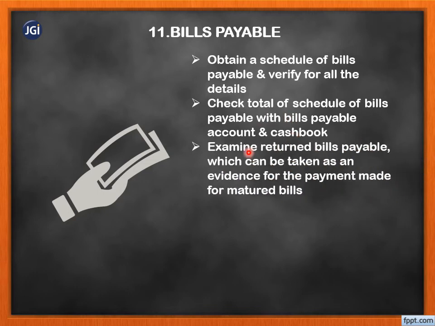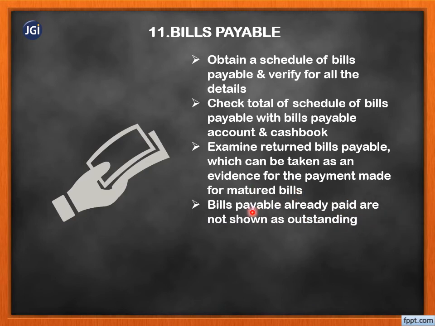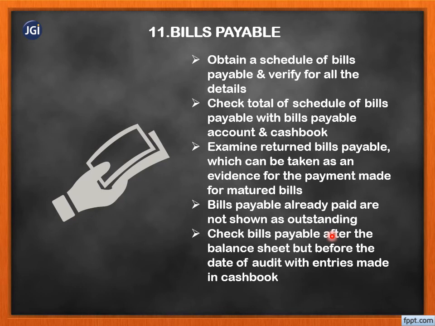He should examine the returned bills payable, which can be taken as evidence for the payment made for the matured bills. He should see that the bills payable which have been paid are not shown as outstanding.